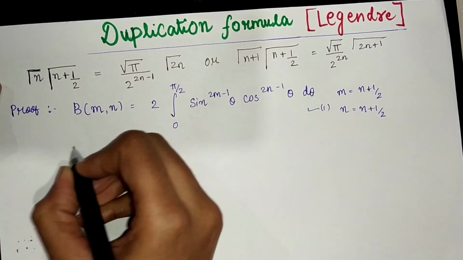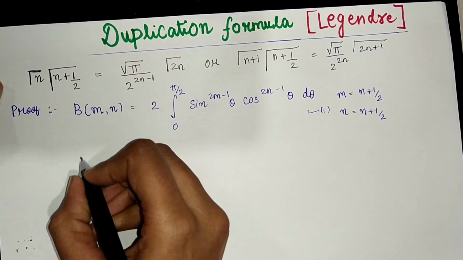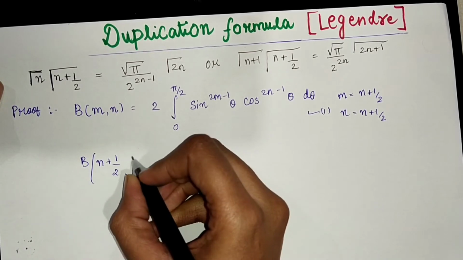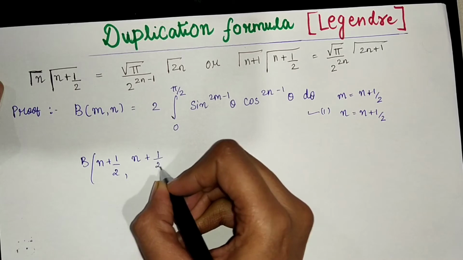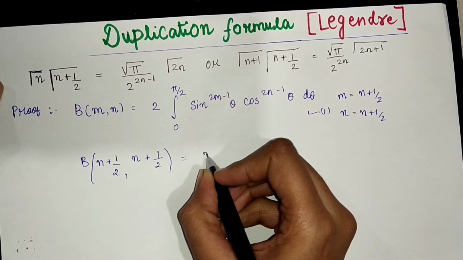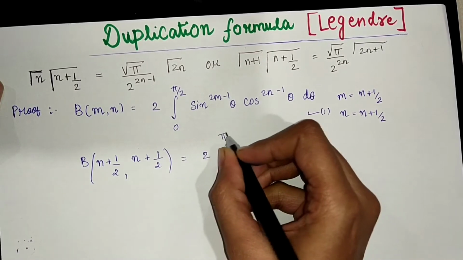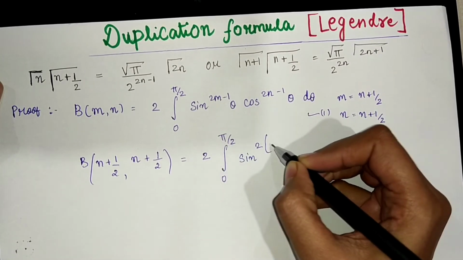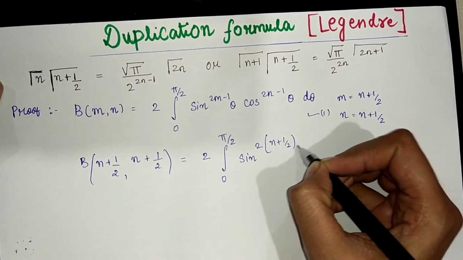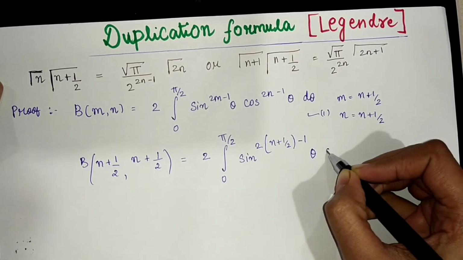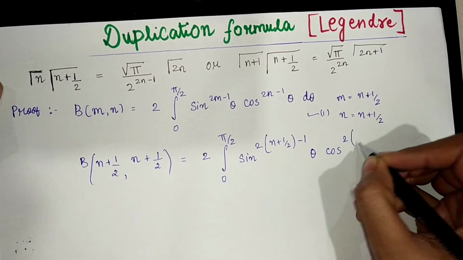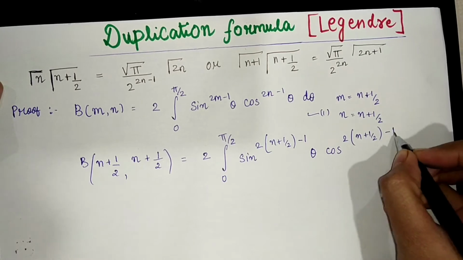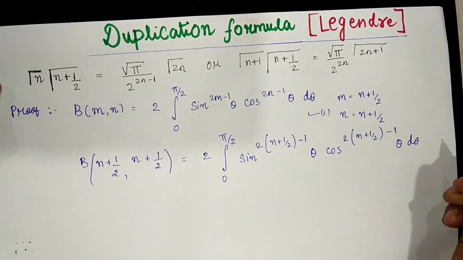If we substitute m and n as n plus 1 by 2, we get beta of n plus 1 by 2, n plus 1 by 2 is equal to 2 integral 0 to pi by 2 sine raised to, in place of m we put n plus 1 by 2 minus 1, theta and cos raised to n plus 1 by 2, again minus 1 will remain as it is, theta d theta.